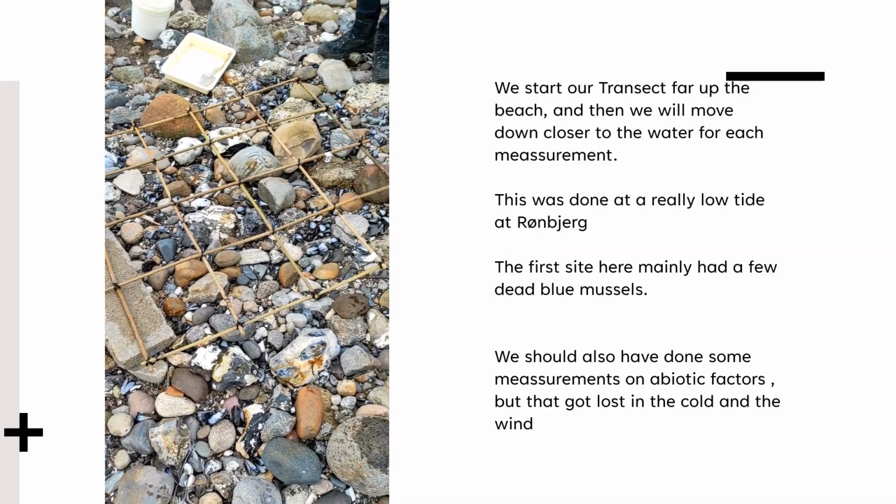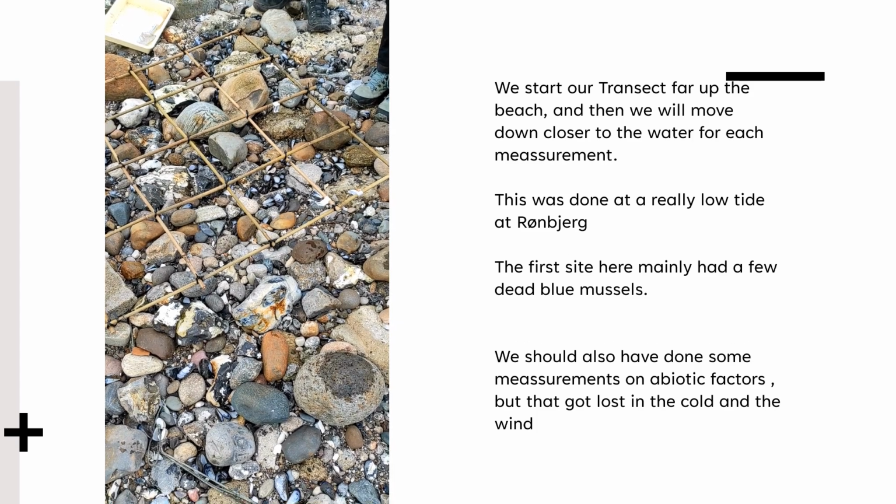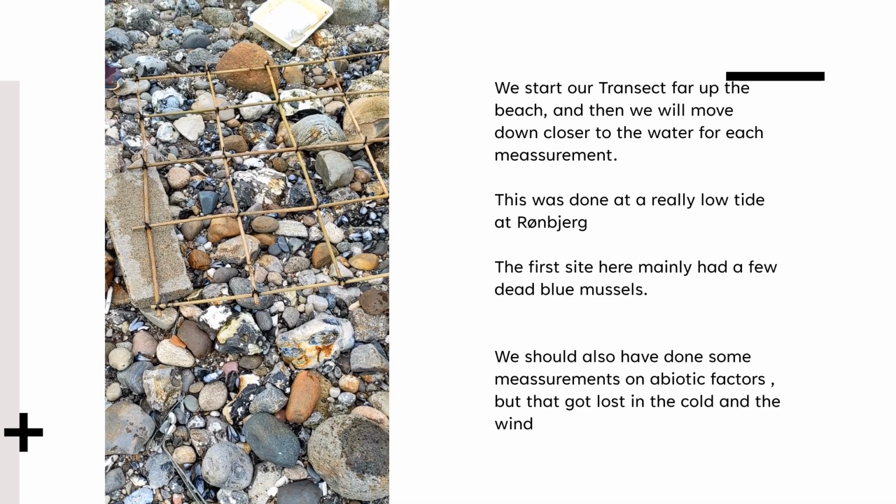So here in each grid you find a blue mussel. So the blue mussel cover is 100%. In how many of the grids do you find the heart cockle?